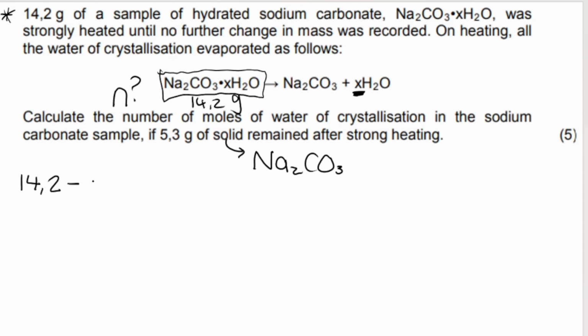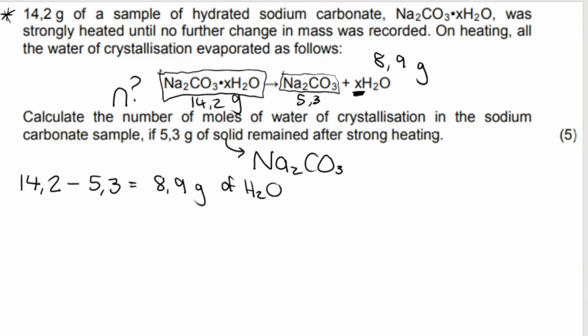And we minus what was left over after the water evaporated, 5,3 grams. That corresponds to this part over here. That's 5,3 grams. The difference between those two numbers will give me the mass of the water. That is 8,9 grams of H2O. So I'm just going to write here 8,9 grams of H2O. 8,9 grams. But I need to work out the number of moles. I need to work out X.